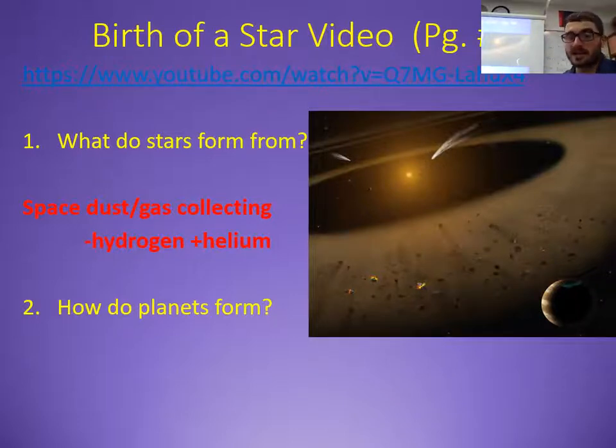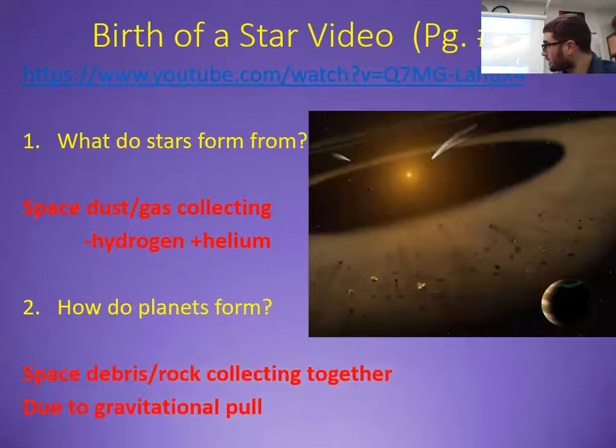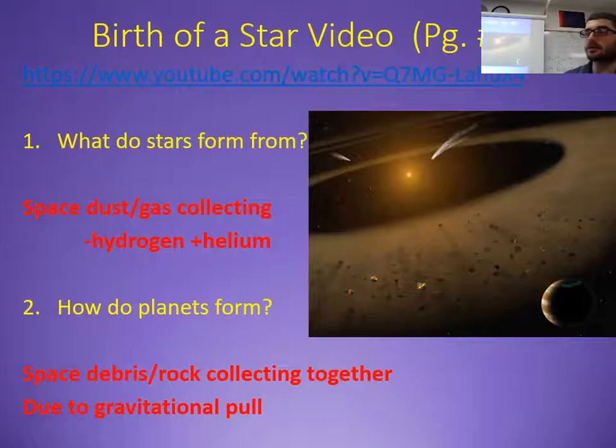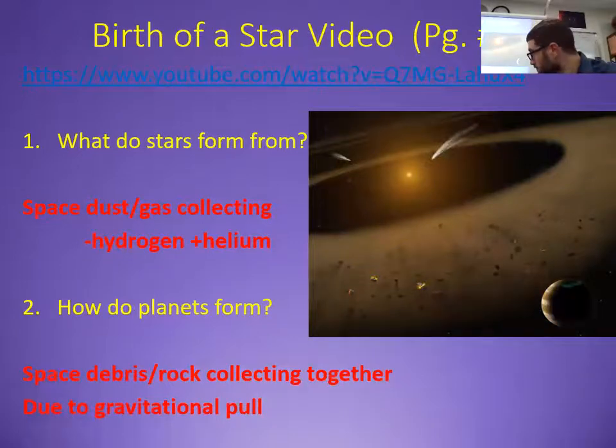So then where does that leave our planets? Well, the planets, okay, they are going to be collected from the debris and the rock that's left over after that dust gets making the star. So all the tough stuff that is able to withstand the heat of the star and the sun is going to be what makes the planets.